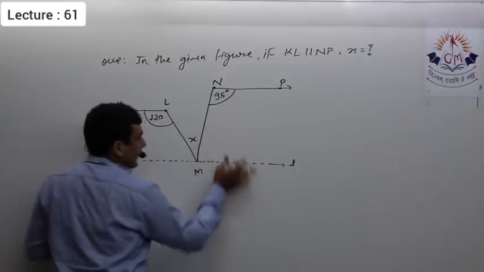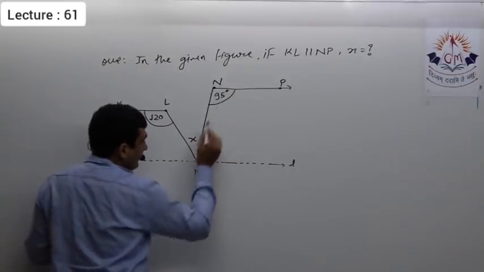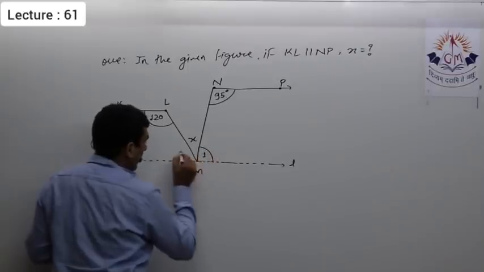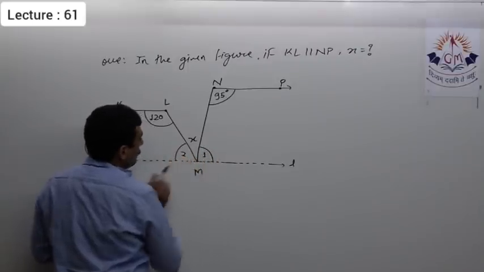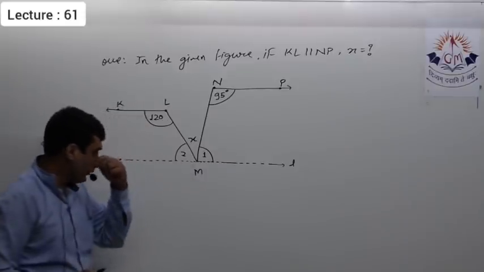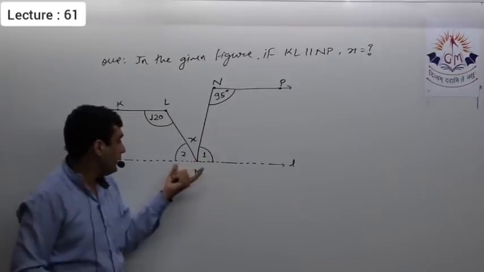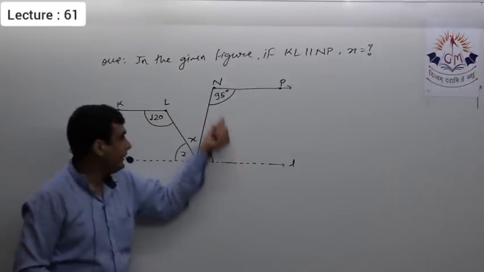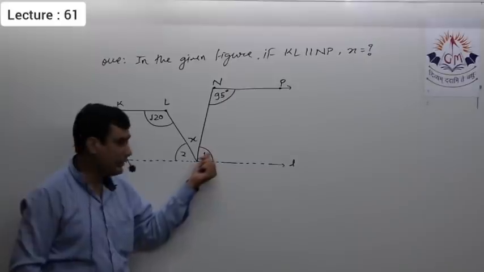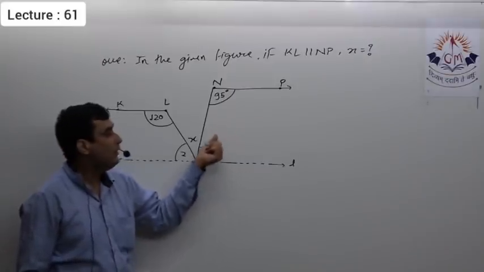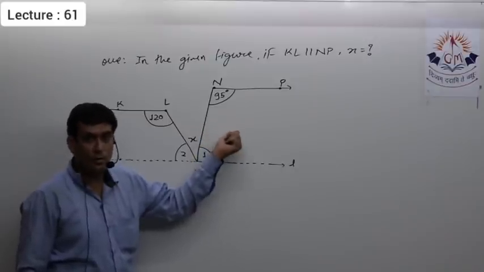As L is parallel to NP, suppose I say this is angle 1 and let this be angle 2. I can say 1 plus 95 is equal to 180, because line L is parallel to NP and NM is a transversal, so these two angles are on the same side of the transversal, or co-interior angles, or allied angles.